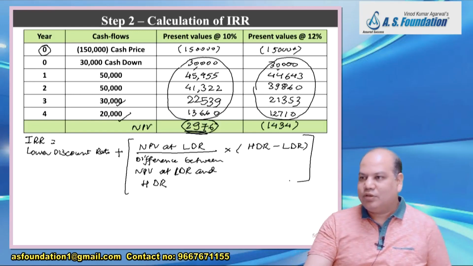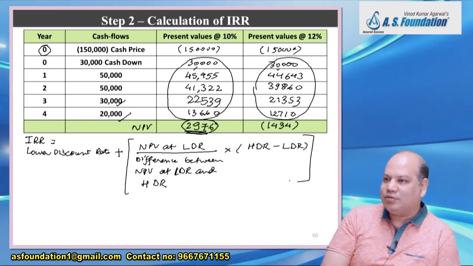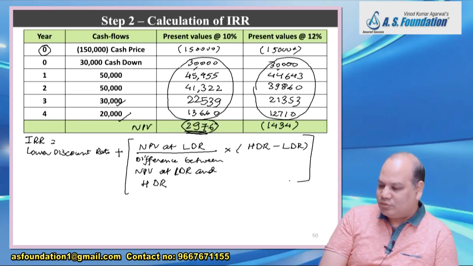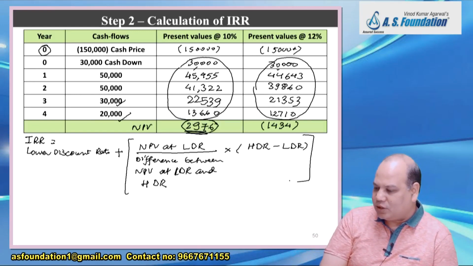Higher discount rate, H means higher, L means lower. So you can write for yourself, HDR means higher discount rate, LDR means lower discount rate. Okay, that's it, one formula and you'll get the answer.